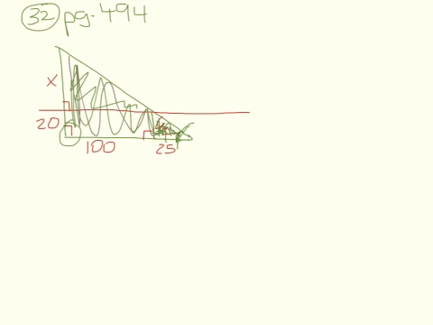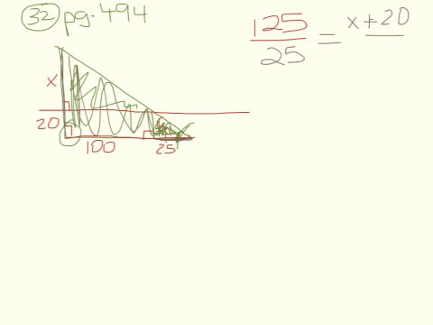So that makes the bottom side of the large triangle, which is 125, proportional to the bottom side of the small triangle, which is 25. And then the height of the large triangle, x plus 20, would be proportional to the height of the small triangle. And I didn't think I knew that height at first, but it's actually over here, it's 20.